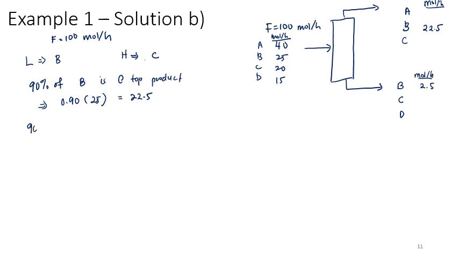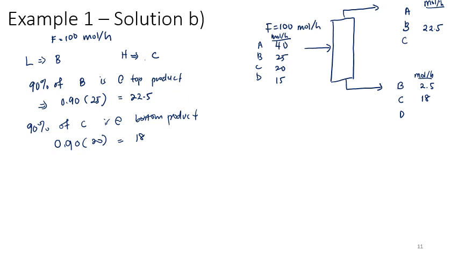At the same time, 90% of component C is at the bottom product. So the mole per hour of component C at the bottom product is 0.9 times 20, which is 18 mole per hour. So here you have 18 mole per hour of component C.